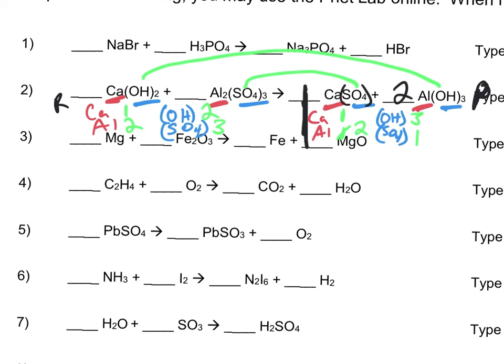But I also changed the number of OHs, hydroxide. So I have 2 times the 3 that I already had. I have doubled what I already have. So now I actually have to change this to 6. And this is where you're like going, oh no, I messed up.